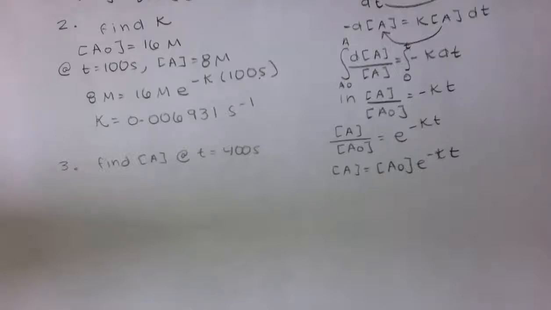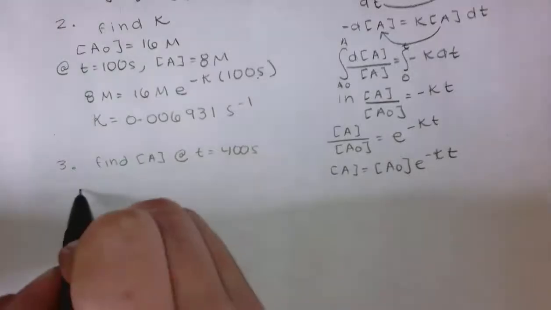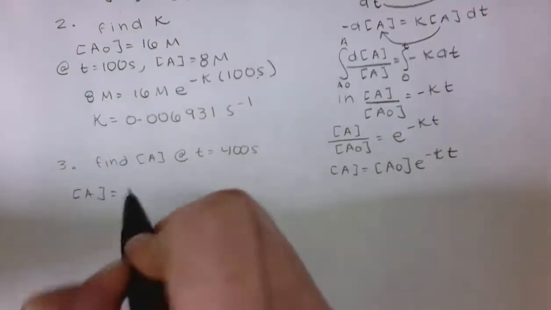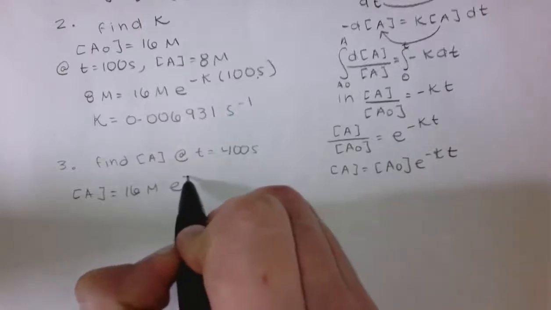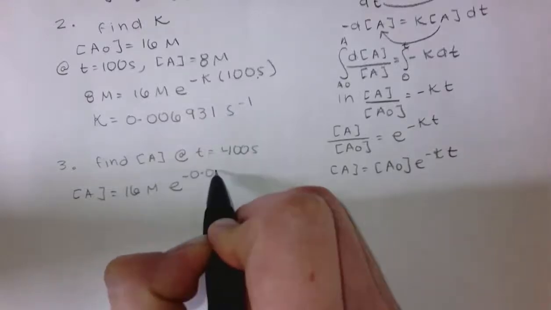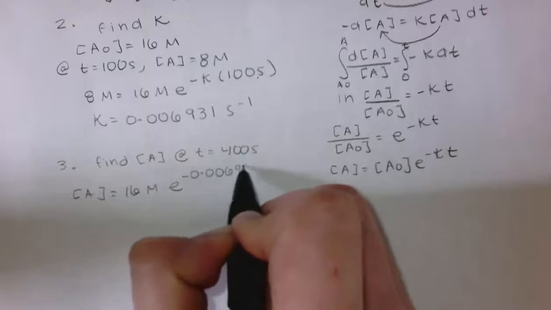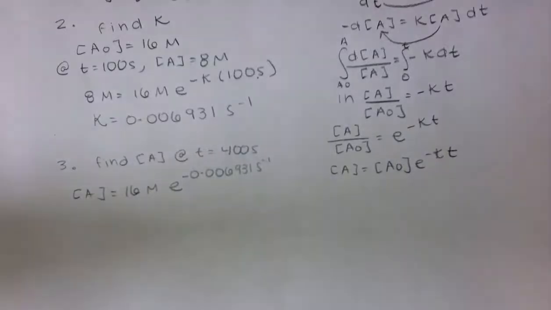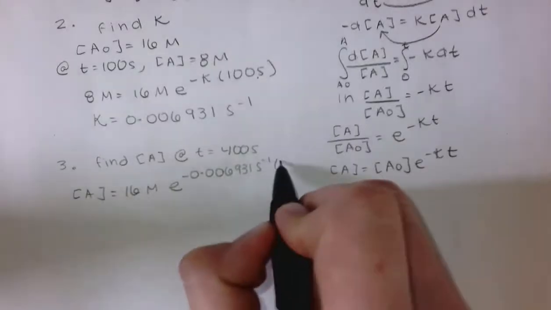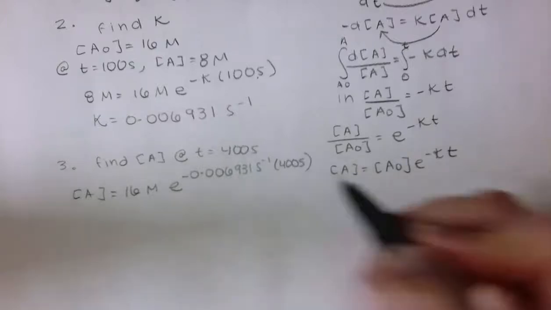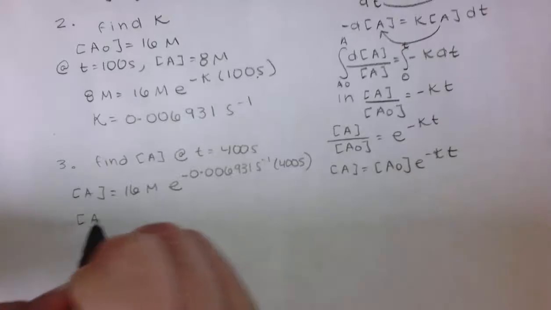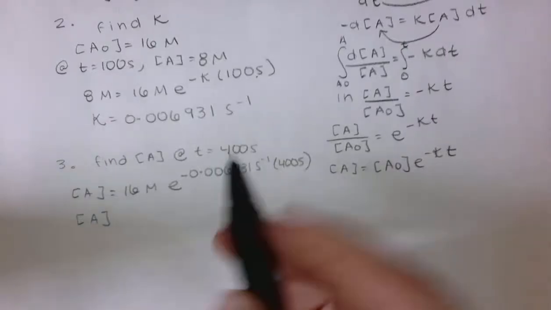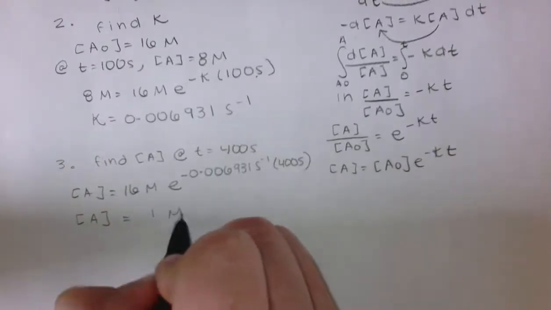We know that t equals 400 seconds, so we can solve for A. So A equals 16 molar times e to the negative k, which is 0.006931, times 400 seconds. So I get that A finally after 400 seconds equals 1 molar.